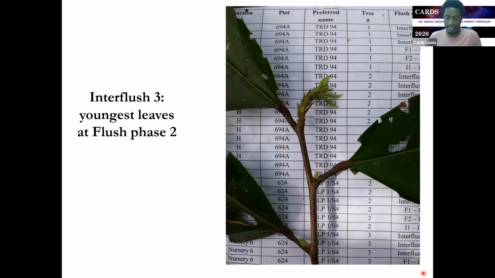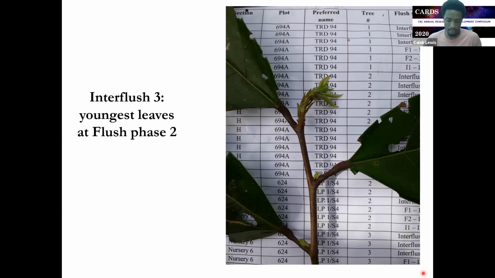So I sampled interflush 1 and interflush 2. It wasn't possible for me to sample flush phase 1 and flush phase 2 because those leaves would be too small to get a good representative sample that could be analyzed.